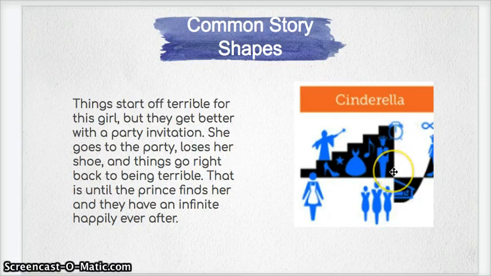She has to run away. She loses her shoe, and she ends up in an even worse spot than when she started after this point. And it's not until the prince finds her with the shoe that things start to get better, and she ends up with good fortune infinitely because of the happily ever after of this kind of story.